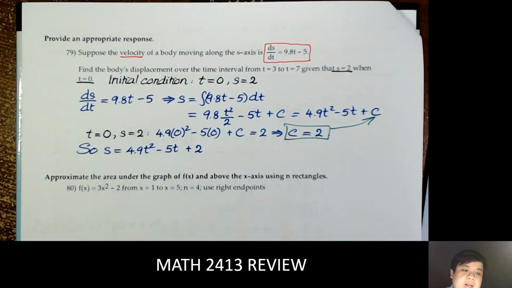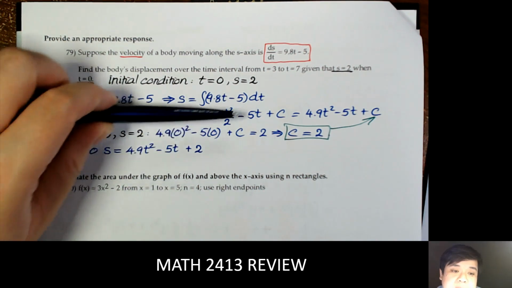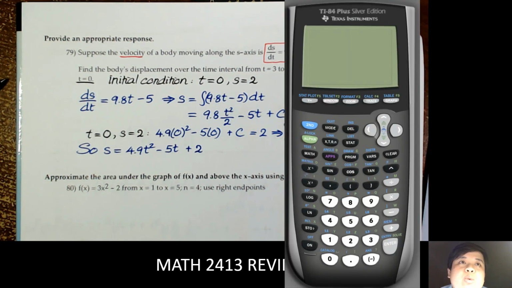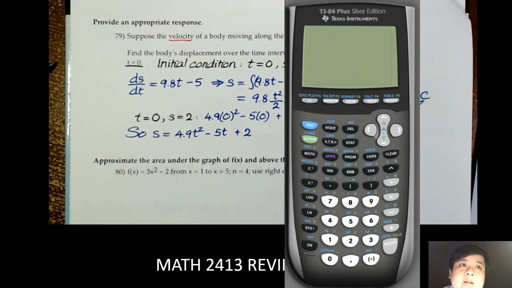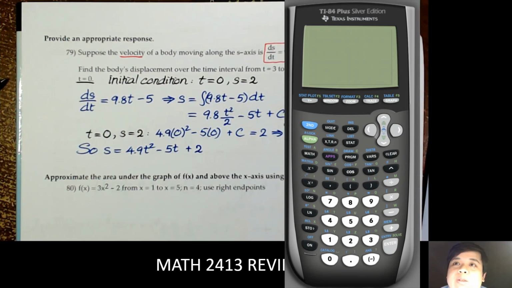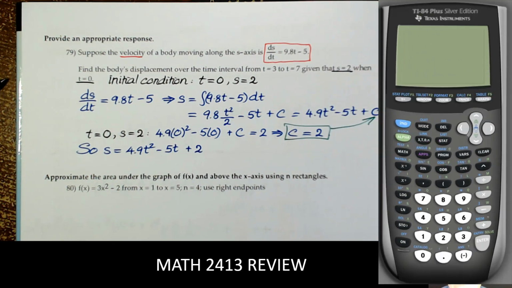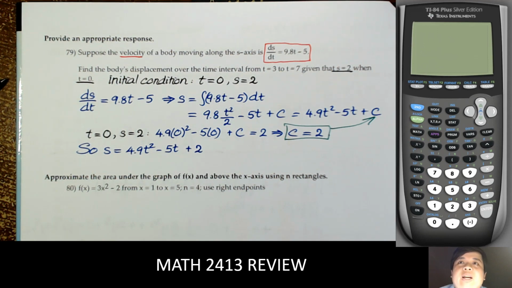Right, and for the displacement, the position at t equal to 3, if we put 3 in here, I'll use a calculator for that. So we have this function. Let's move the calculator over. Right.